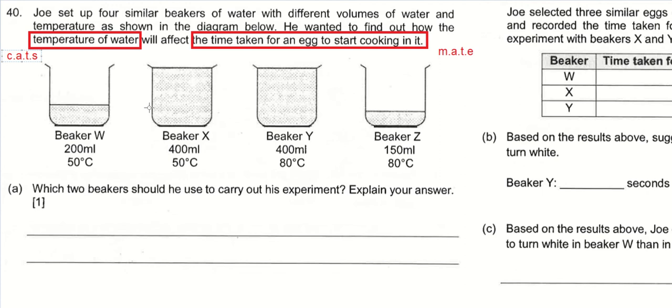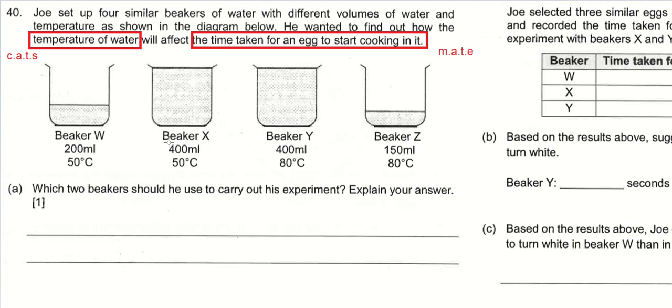So let's look at W, X, Y, and Z. The volume must be the same. So you have no choice but to actually use X and Y. You can see that the water here is the same, 400 ml and 400 ml.